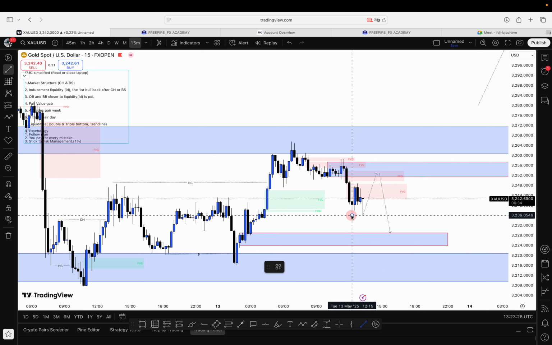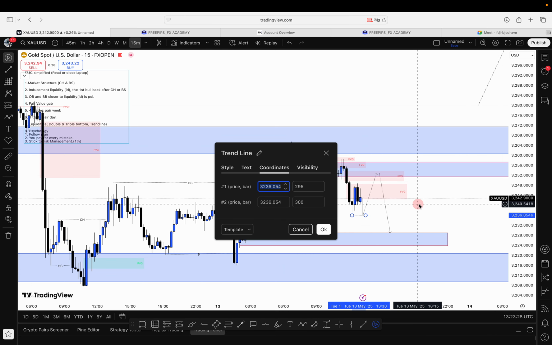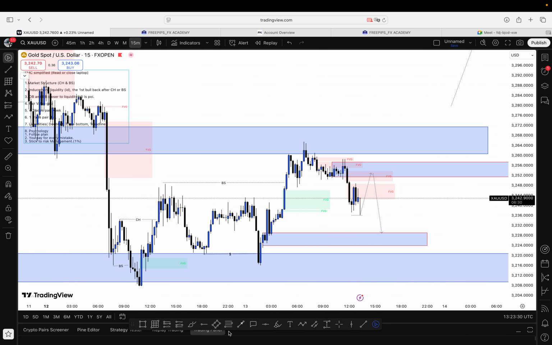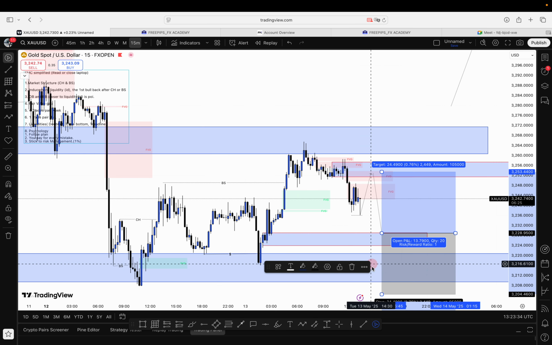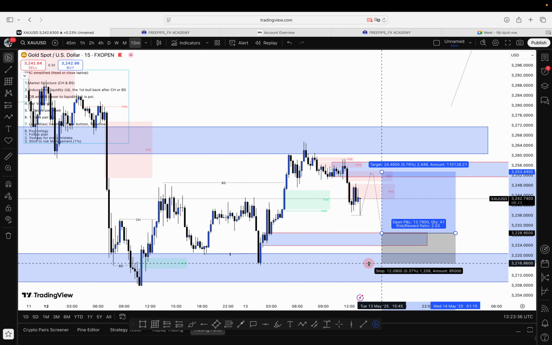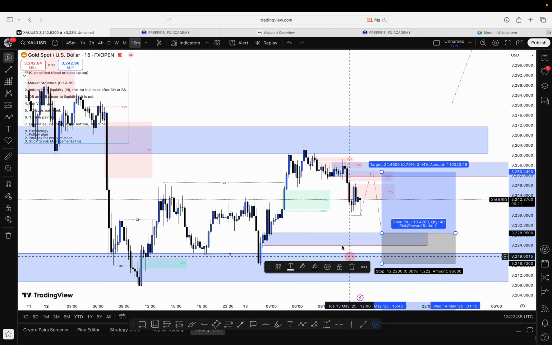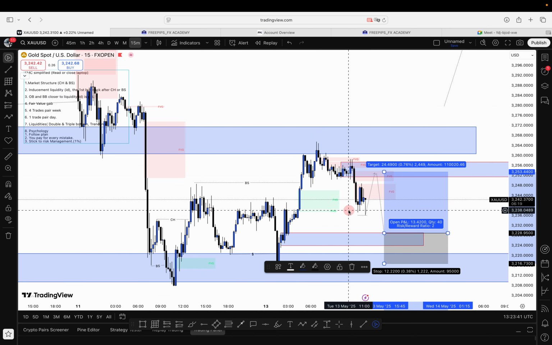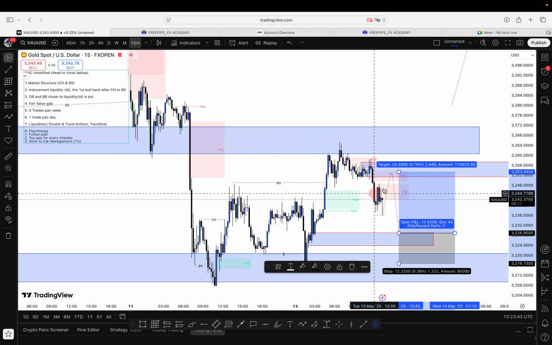I can use here as an inducement, then take a buy from this other block. Then I will put my stop loss below here. But right now I don't have any pullback.